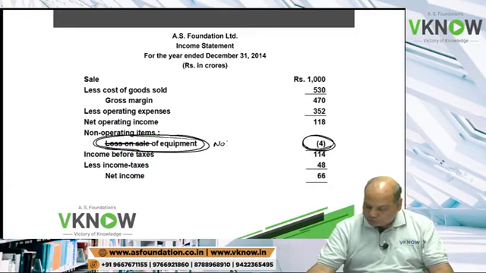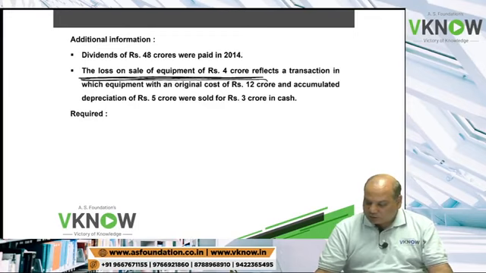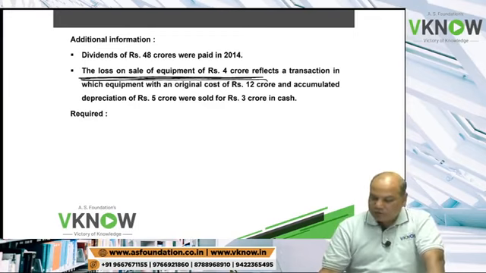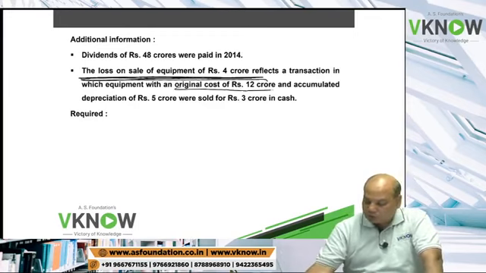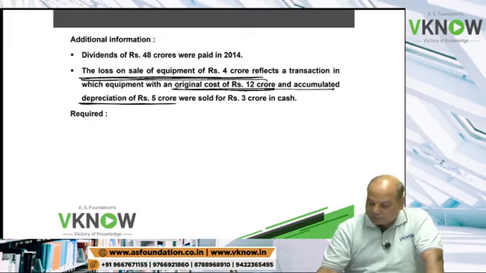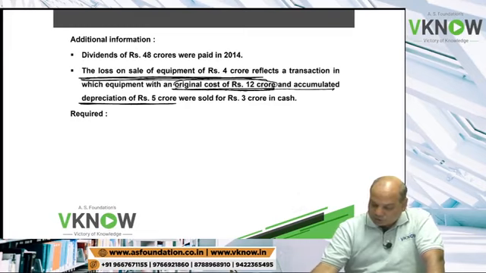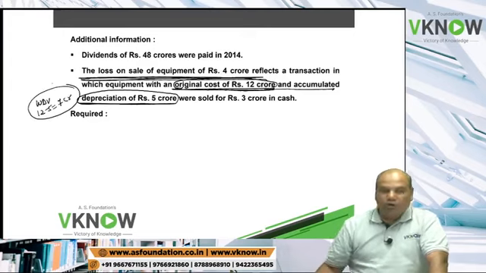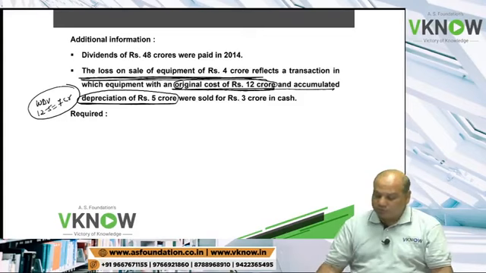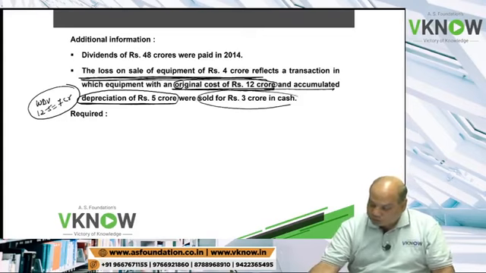There is a note on this, so write note number B. It reflects a transaction in which equipment with an original cost of 12 crore and accumulated depreciation of 5 crore, which means WDV was 7 crore, was sold for rupees 3 crore in cash.